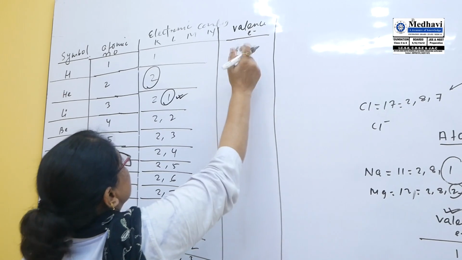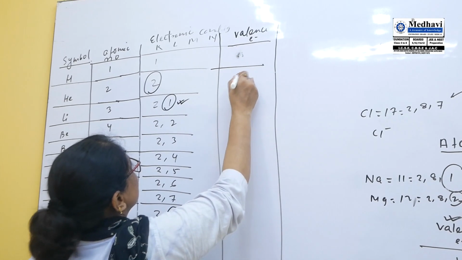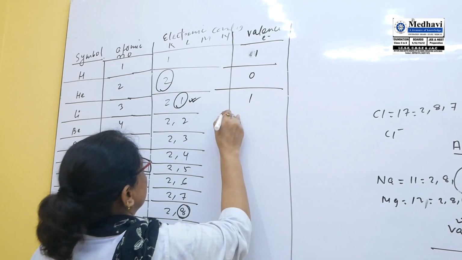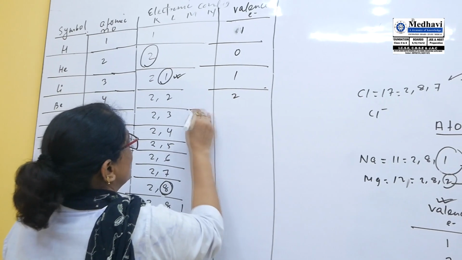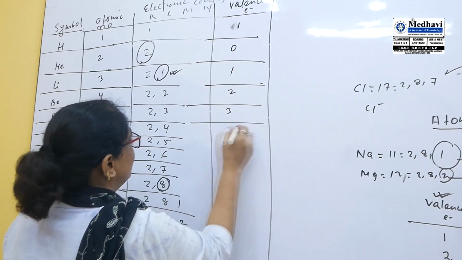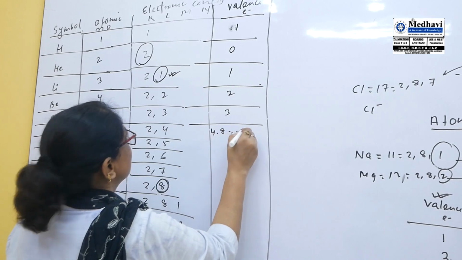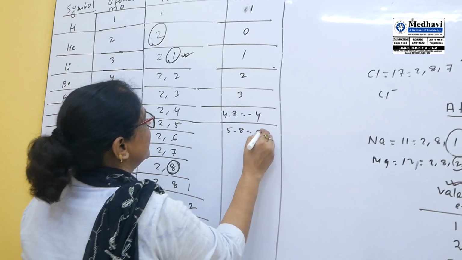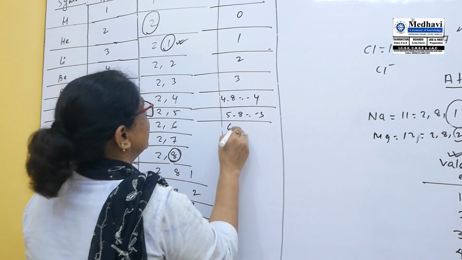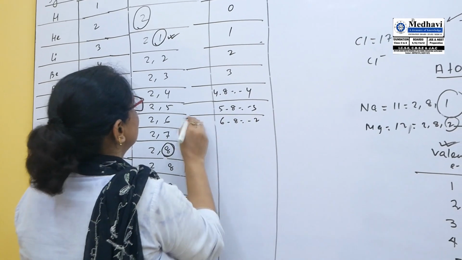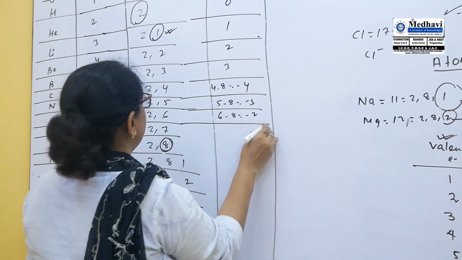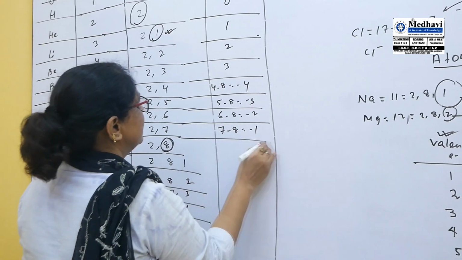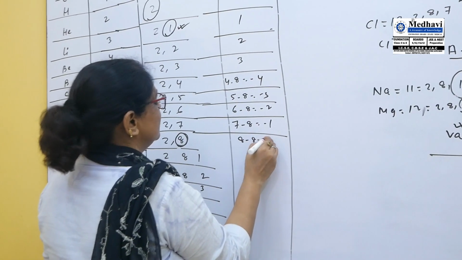Helium is an exception, its valency is 0. Hydrogen is 1, lithium is 1, beryllium is 2, boron is 3, here 4 minus 8, that is minus 4, here 5 minus 8, that is minus 3, here 6 minus 8, that is minus 2, here 7 minus 8, that is minus 1, here 8 minus 8, that is 0.